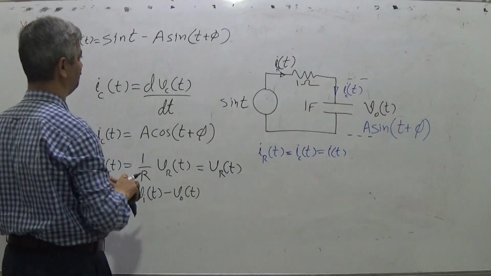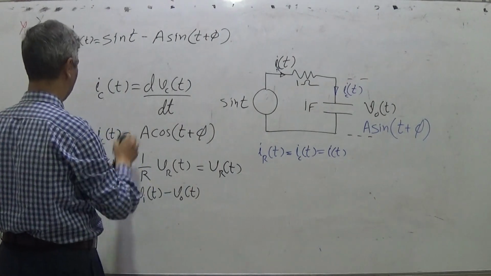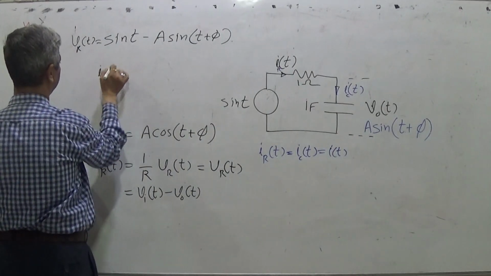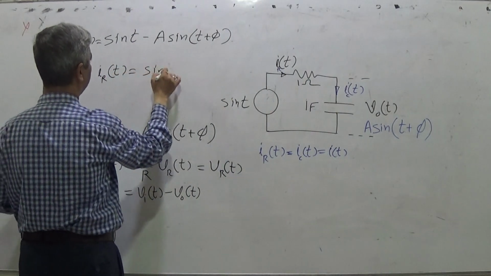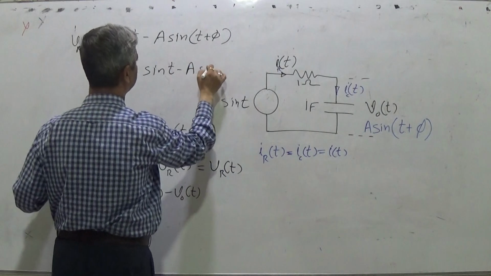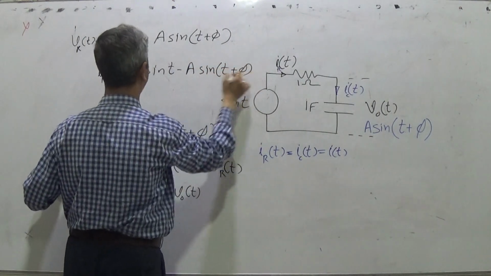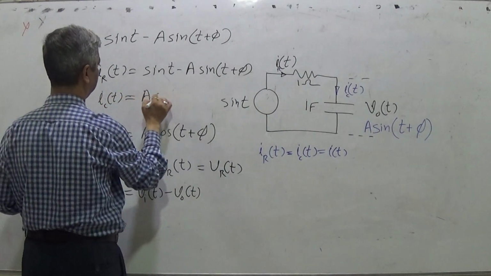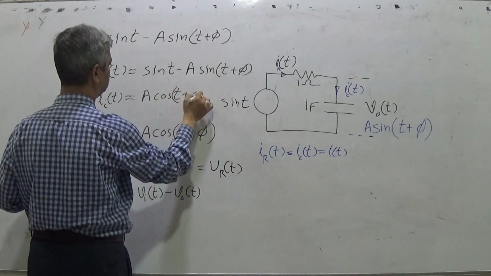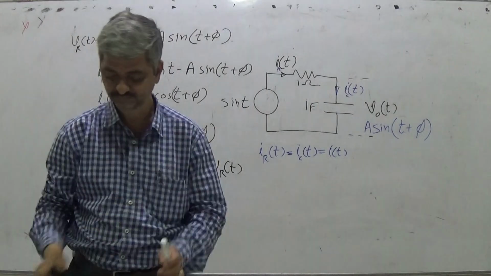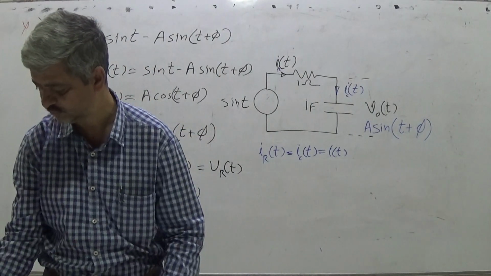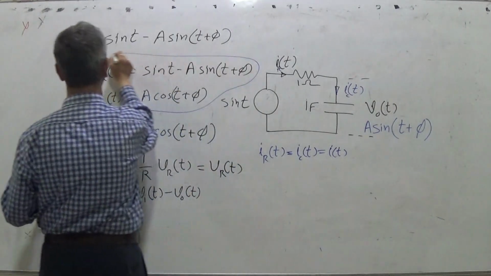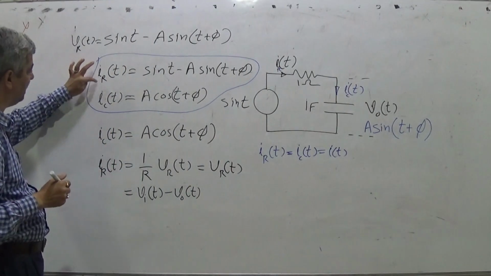This is VR(t). So what is iR(t)? The same as VR(t), because R is 1. So I have got iR(t) as sin t minus A sin(t + φ), and iC(t) I will write once again here itself, A cos(t + φ).